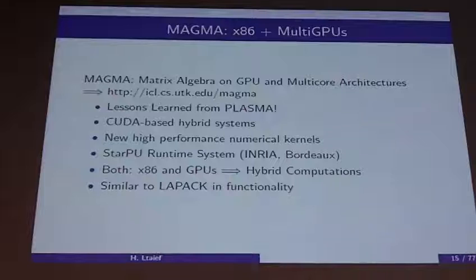I'm going to say a few words about those runtimes in the next slides, but the nice thing about the StarPU runtime system is that you can really run your application using both CPUs and GPUs, which is not really straightforward, because most people, when they focus on GPU, just run on the GPU. Or if people don't want to look at GPU, they just run on the CPU. But you can actually run both together as long as you provide the appropriate kernels, meaning a kernel which could run on the CPU and a kernel which could run on the GPU.